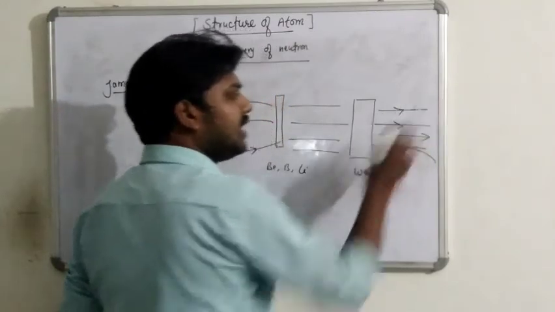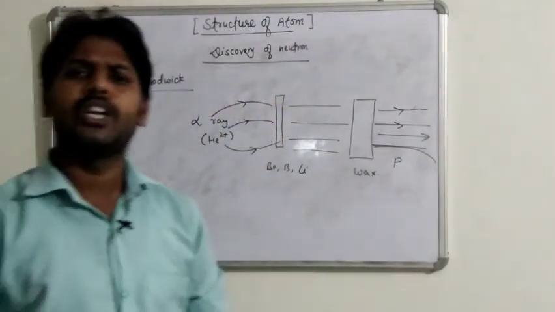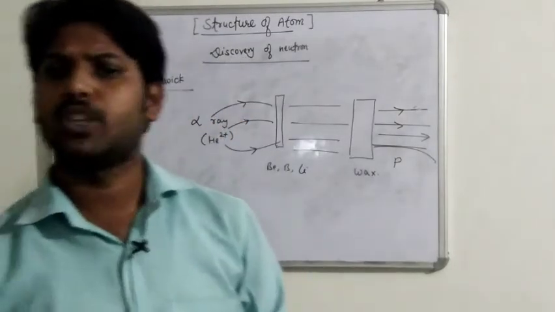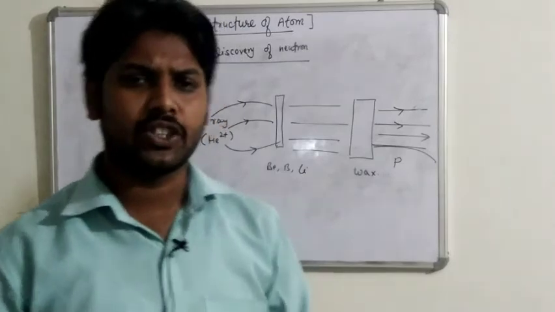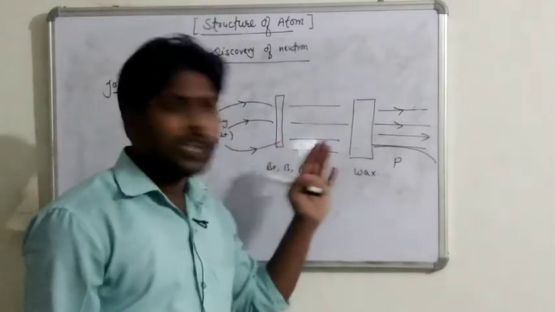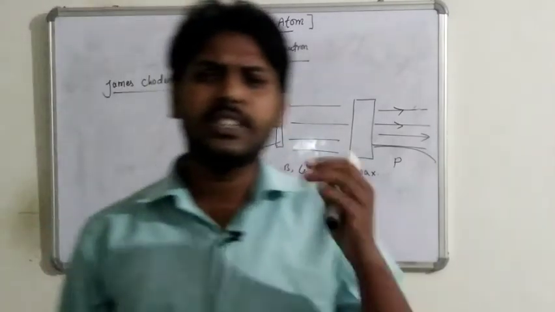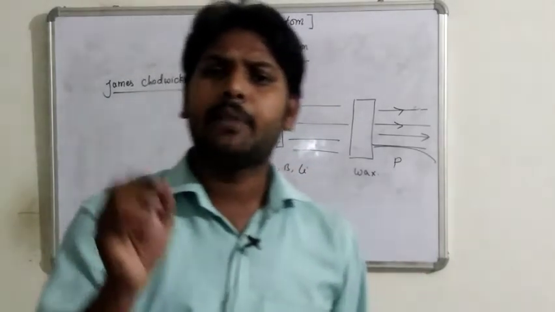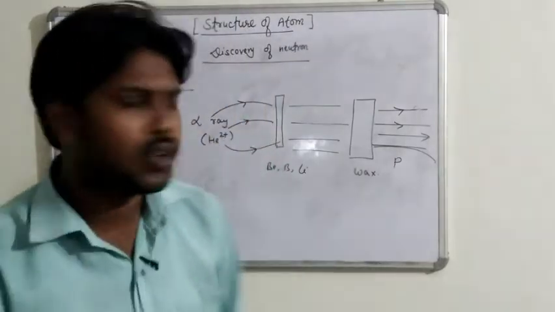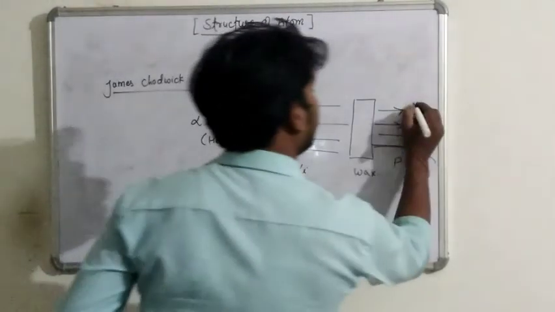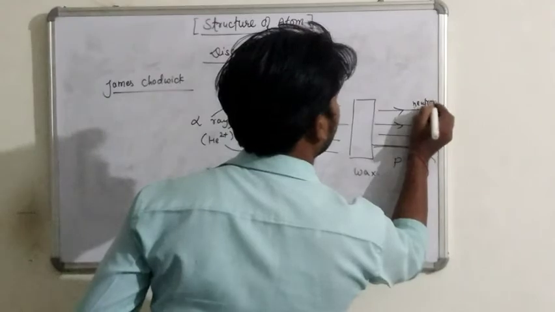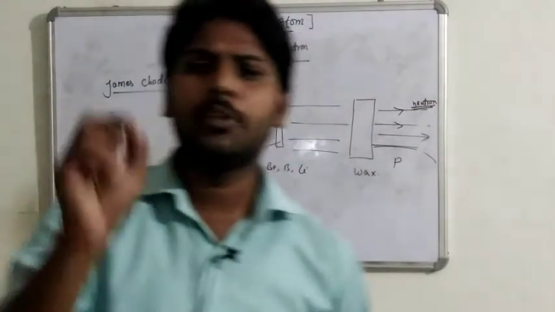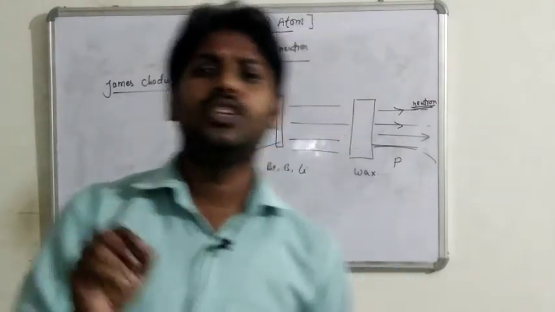So students, he took both positive and negative charge near this radiation, but there was no effect. There was no repulsion, there was no attraction. It means there is also a particle present inside the atom which does not contain any charge, meaning that particle is neutral. So this was called neutron.